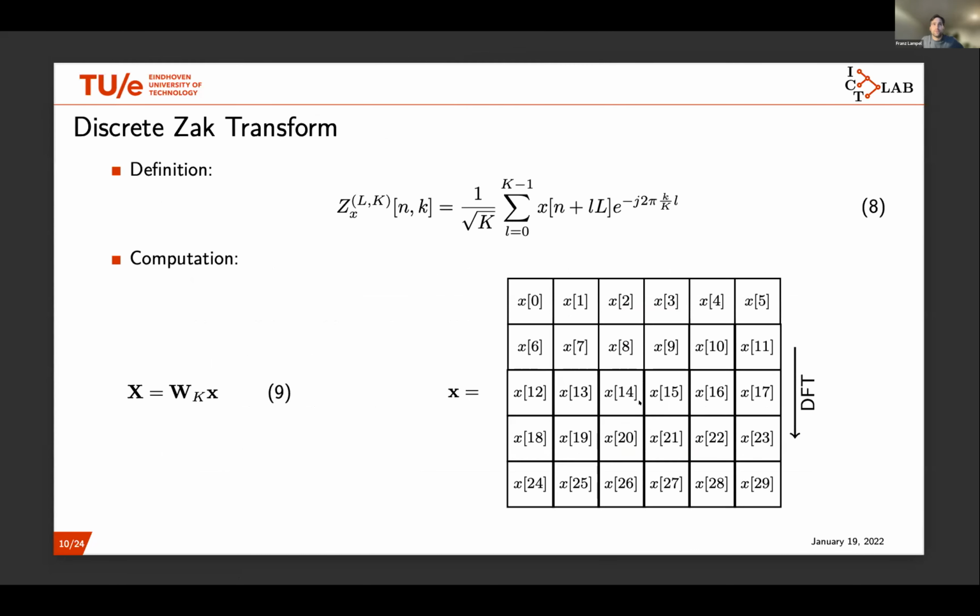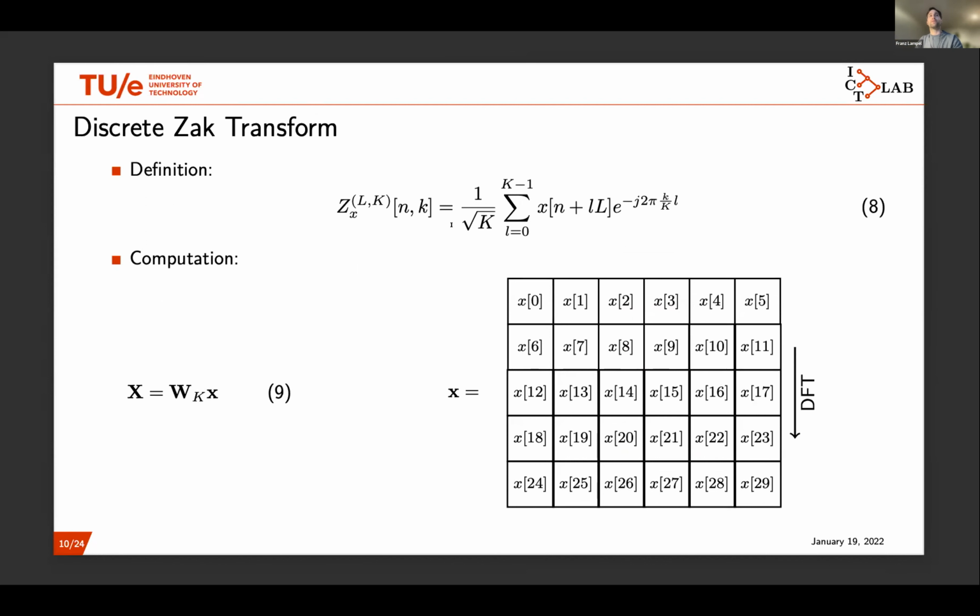So now let's go already to the Zak transform. The Zak transform is a signal transform. The origin is from quantum physics, but it's also quite useful in signal processing. It has been used in Weyl-Heisenberg frames and other applications.